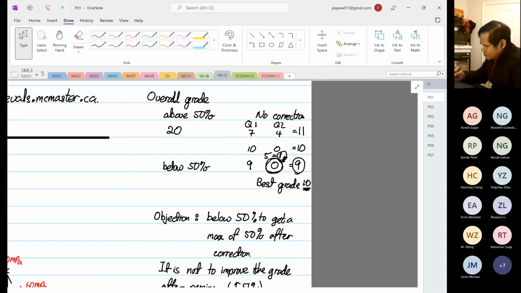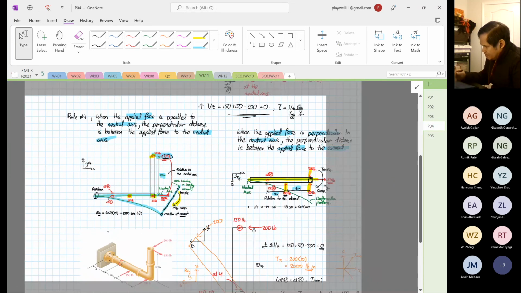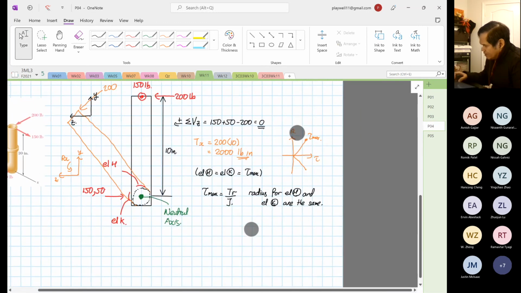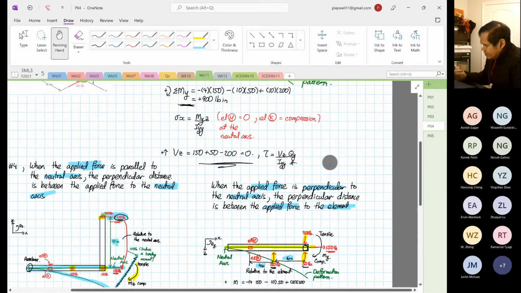So if I were to show you last week's lecture, this is just part of the lecture. Here we calculate moments, we calculate torque, everything. Now over here we also include shearing stress, yes or no? And you still need to apply this formula.